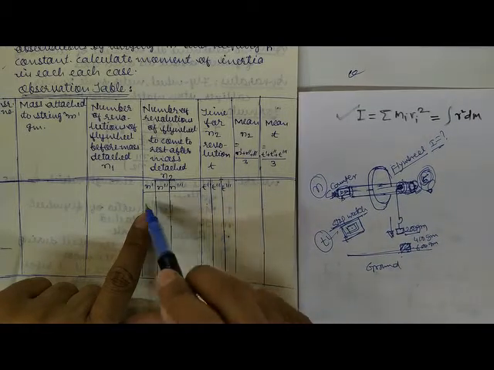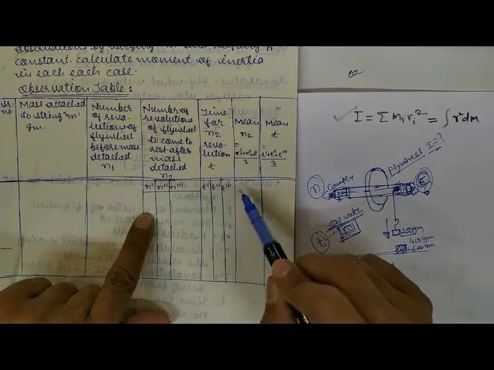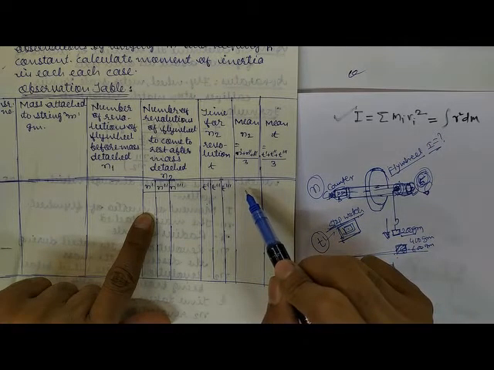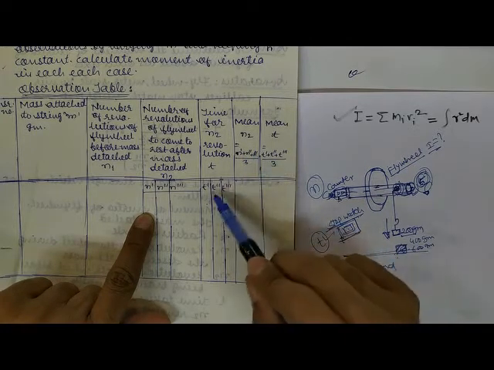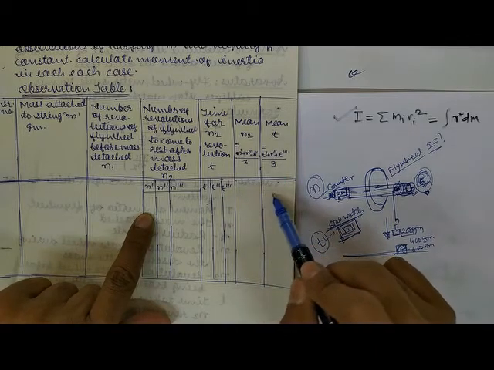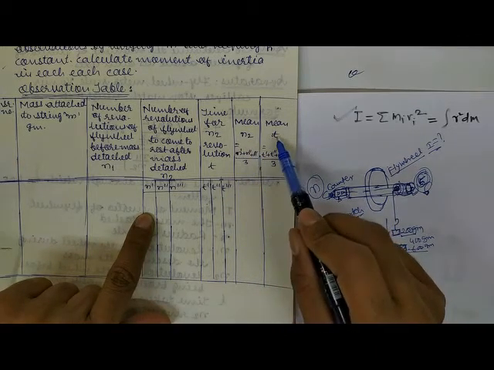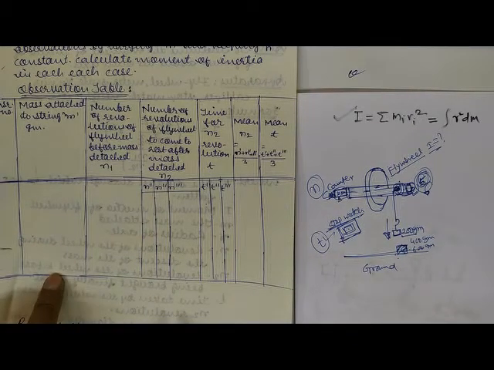The number of trials we take is for accuracy purposes. Finally we will take the mean of n prime, n double prime, n triple prime, and this is n2, and similarly we will take the mean of the 3 times from the 3 trials, and this is t. Similarly we will do it for 400 gram and for 600 gram also.